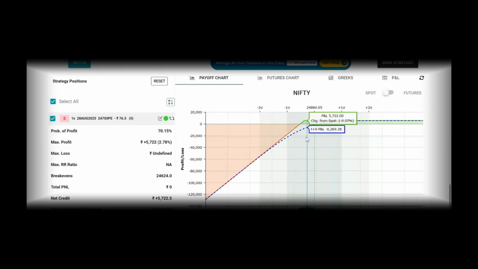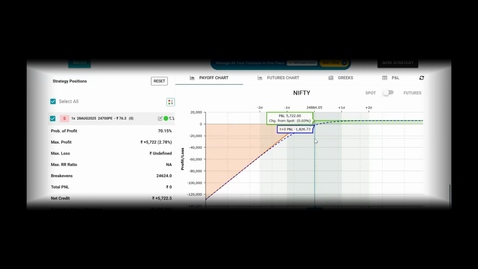Similarly, we are a happy person as a trader when we have sold this contract. If the market were to gain or remain as it is, as long as it doesn't touch the 24,700 strike price or fall below, there is a fixed cash flow that we get out of this. No matter where the contract expires ahead of 24,700, the profit that we would be making is fixed, which is 5,722 rupees in this case.